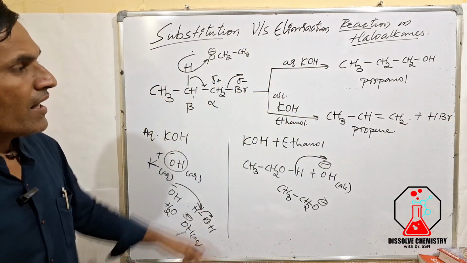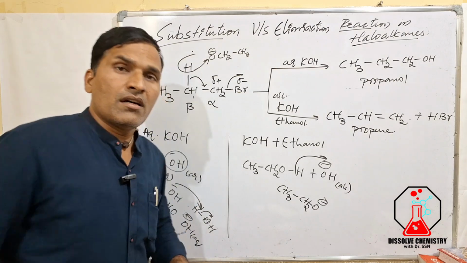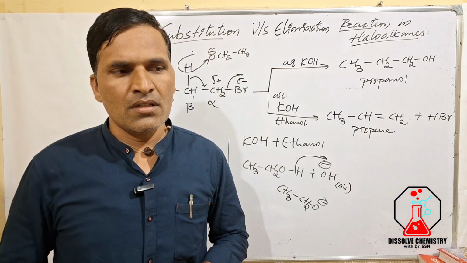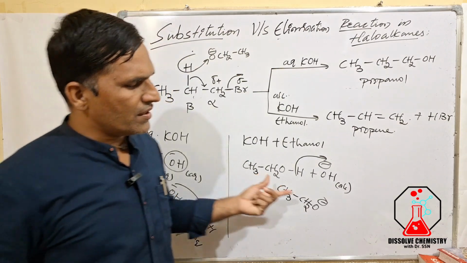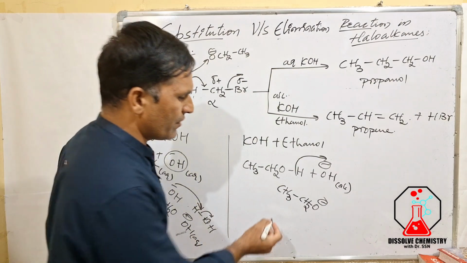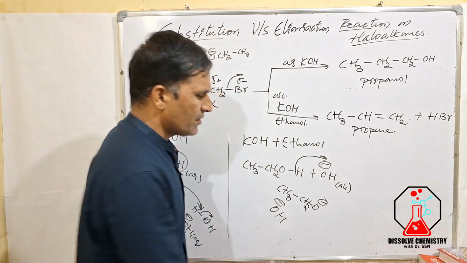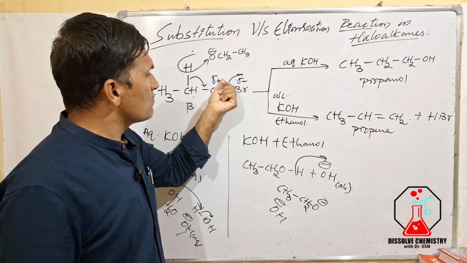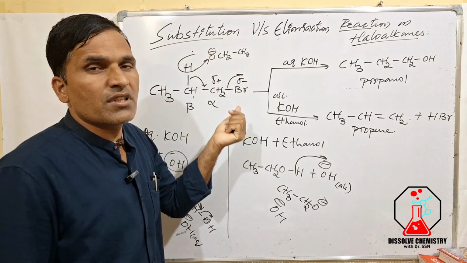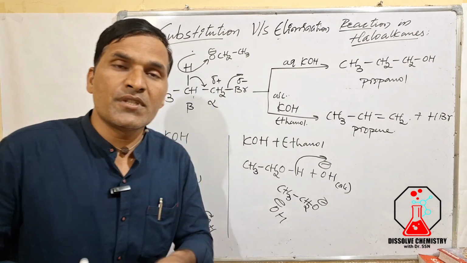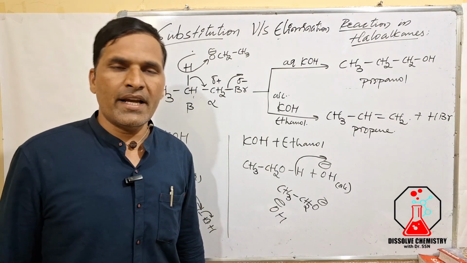All right. And you may ask, why can't it get substituted with bromide ion? See, when you look at this ethoxide, it is a little bulkier compared to OH minus. So to get into this hindered position, it prefers to abstract the proton rather than substitute at that hindered carbon atom.